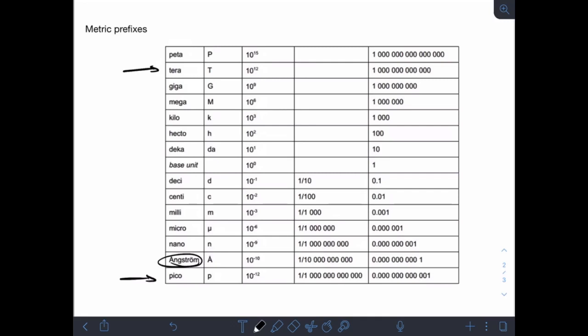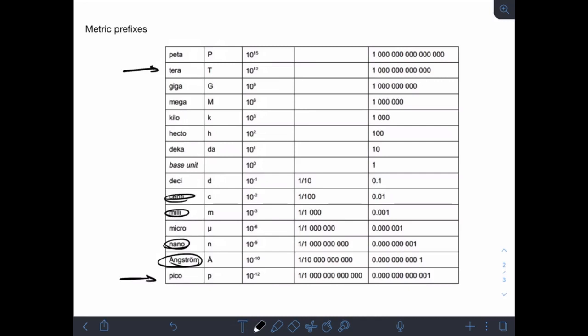Here we have our metric prefixes. The most common ones that we'll deal with are centi, milli, nano, micro, kilo. Those are the most common, but the rest are totally fair game.